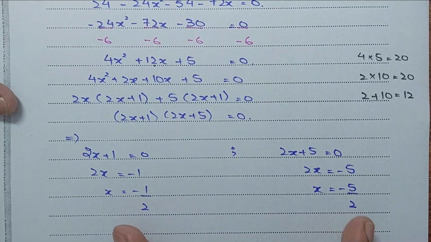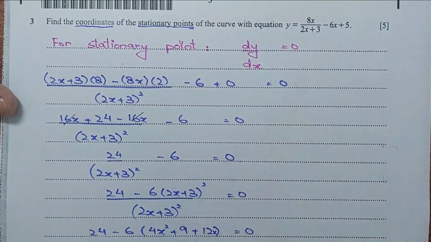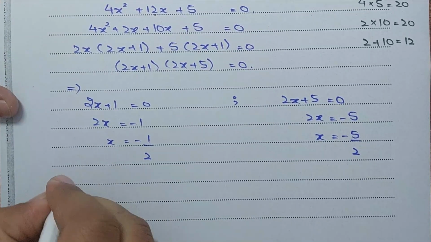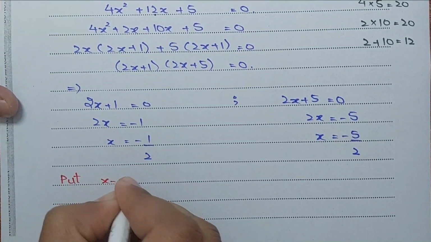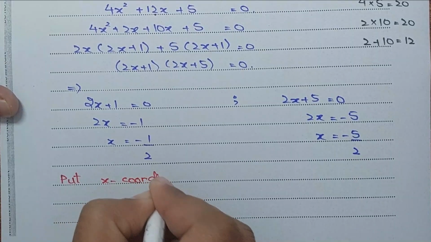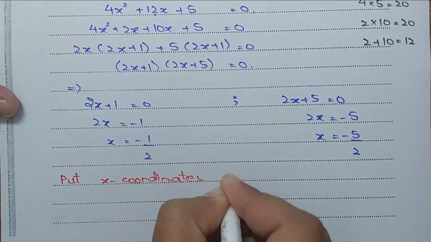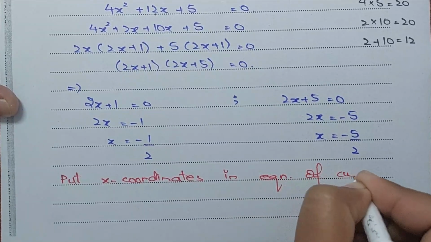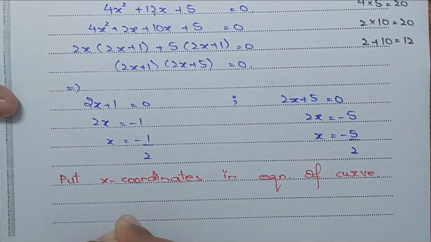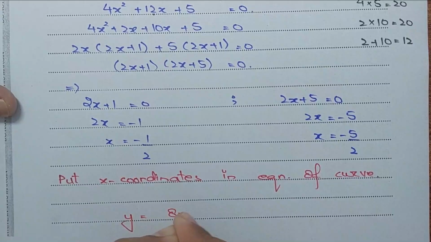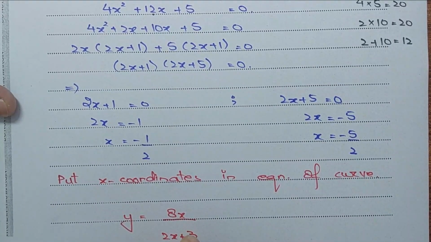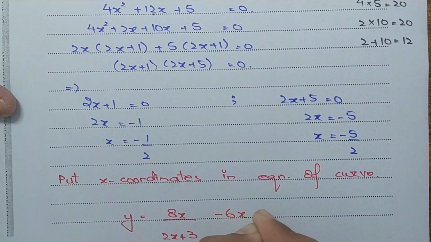We need to figure out the y coordinates by substituting these x values into the equation of the curve. Right. Now here we can say put x coordinates in equation of the curve. Equation of curve is y equals to 8x divides 2x plus 3 minus 6x plus 5.